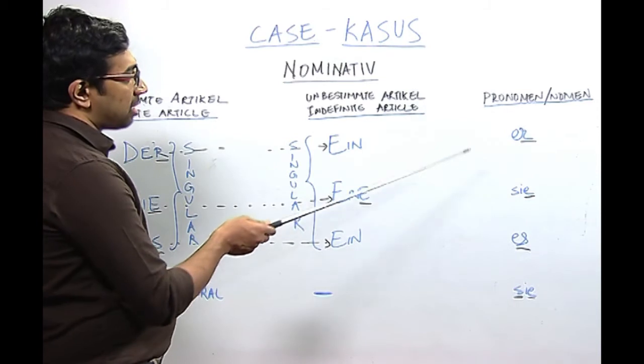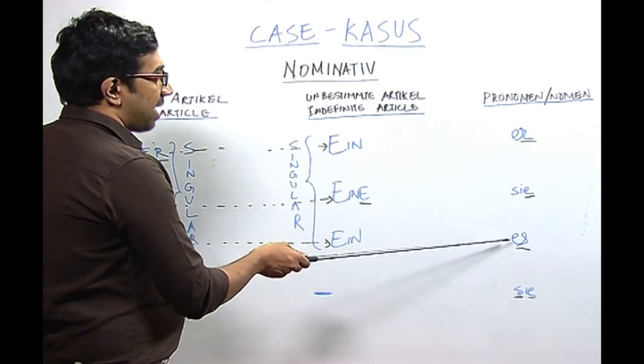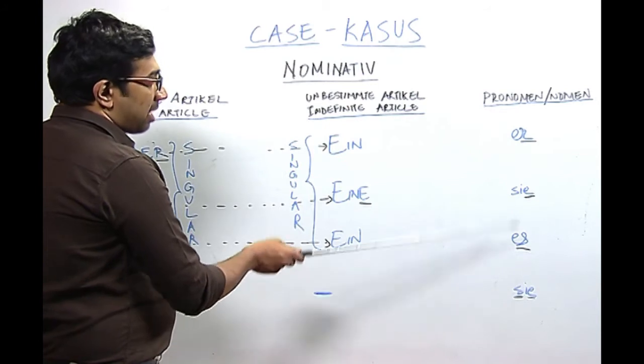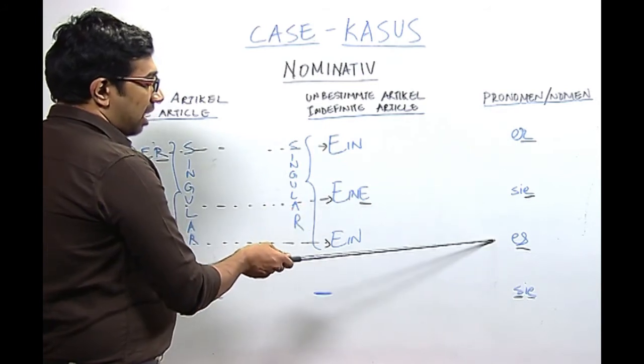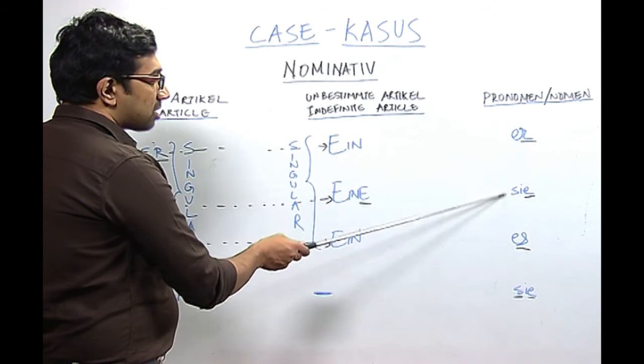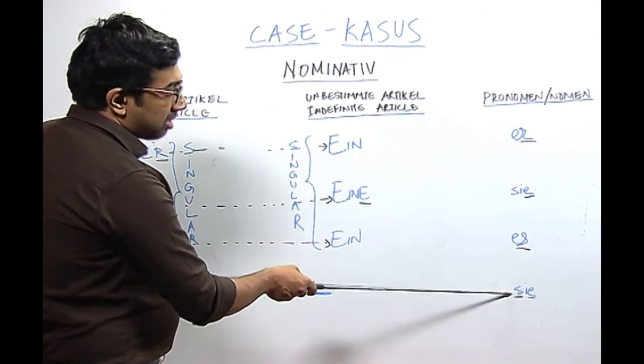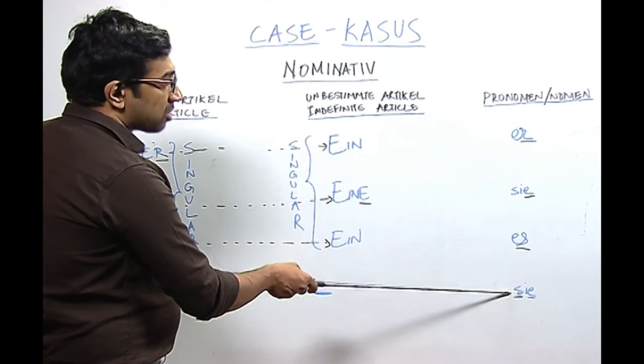Now, let us look at the pronouns er, sie, es and sie. You are already familiar with these pronouns. Er, sie and es are, as you know, third person singular pronouns, and the pronoun sie here corresponds to the third person plural pronoun.